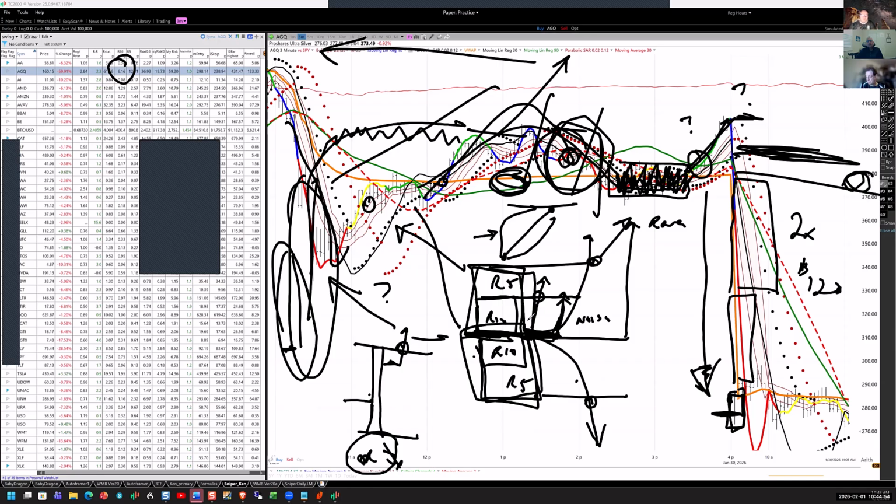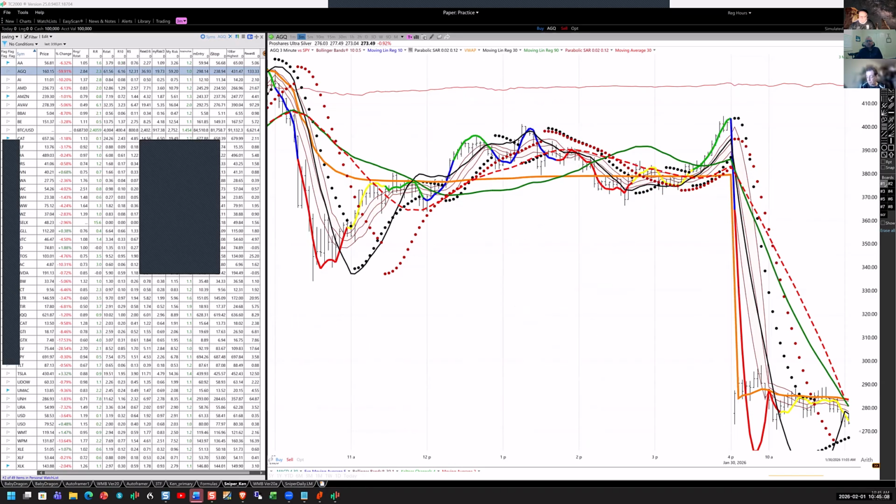There's fewer false starts. So my preference, on any gap day, is to use the R5 bracket. Does that make sense? It does make sense, and that's exactly where I've been focusing on, using the R5. Yeah. Okay.